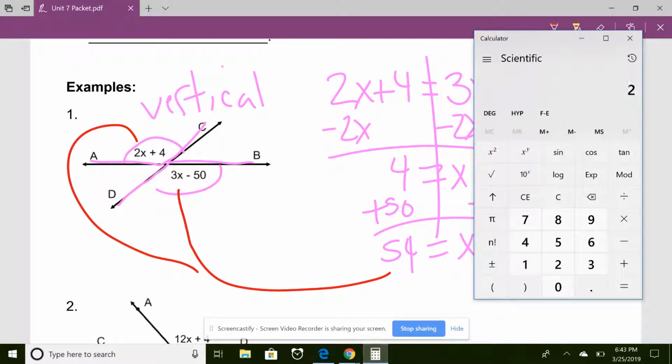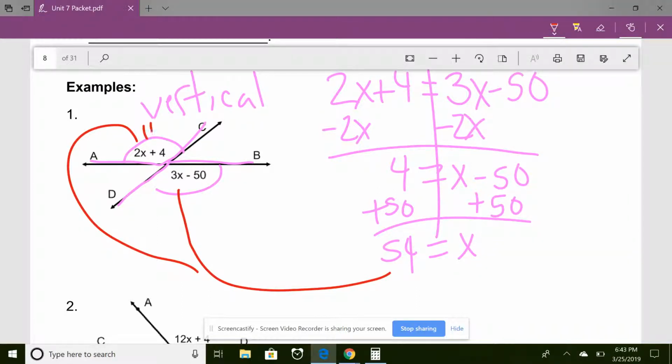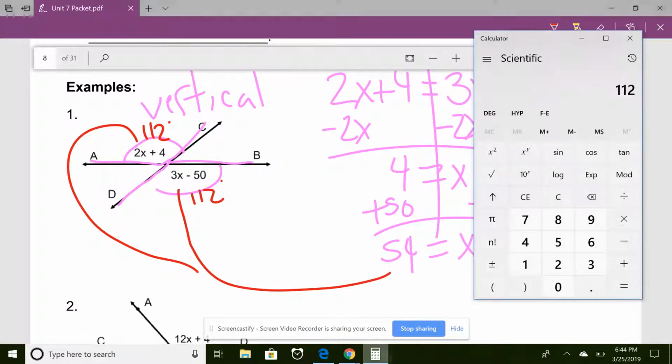It doesn't matter. 2 times 54 plus 4 is 112 degrees. So this is 112 degrees. If that's 112 degrees, that means this one is also 112 degrees. Right? 3 times 54 minus 50, you can check. 3 times 54 minus 50 is 112 degrees. So that works.